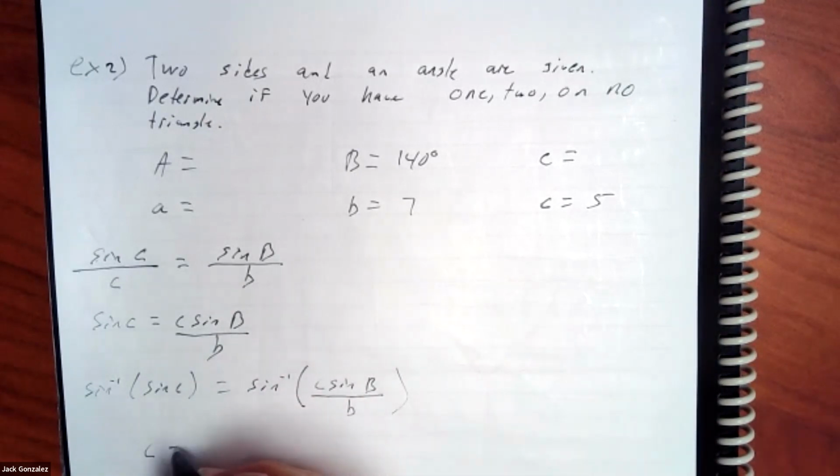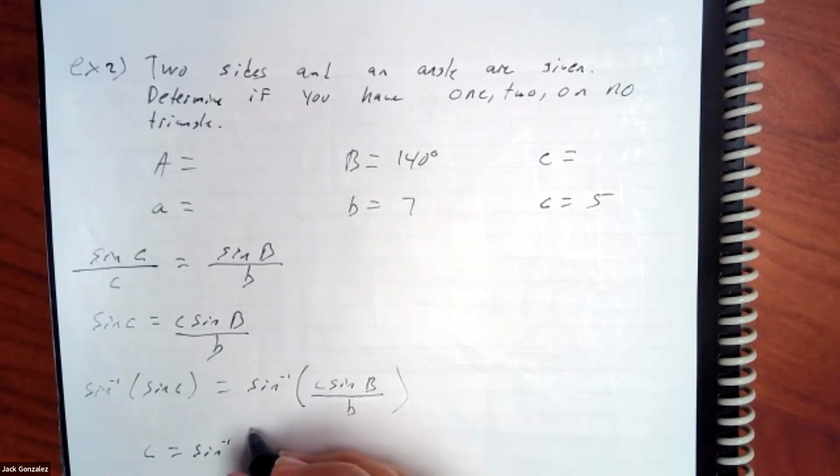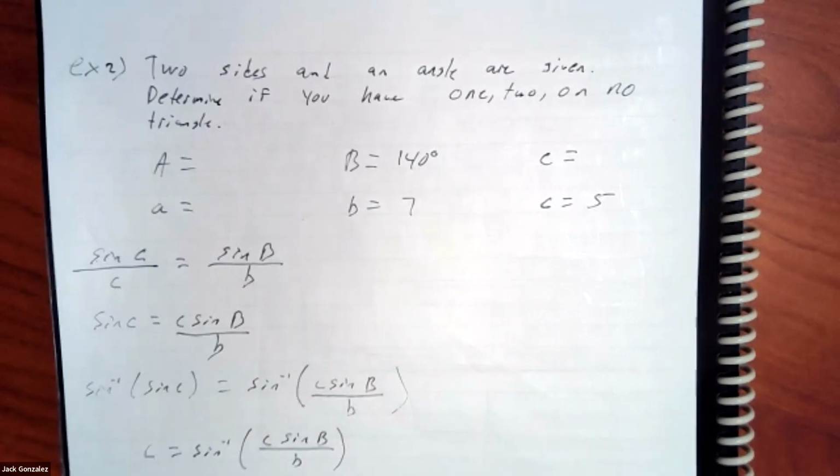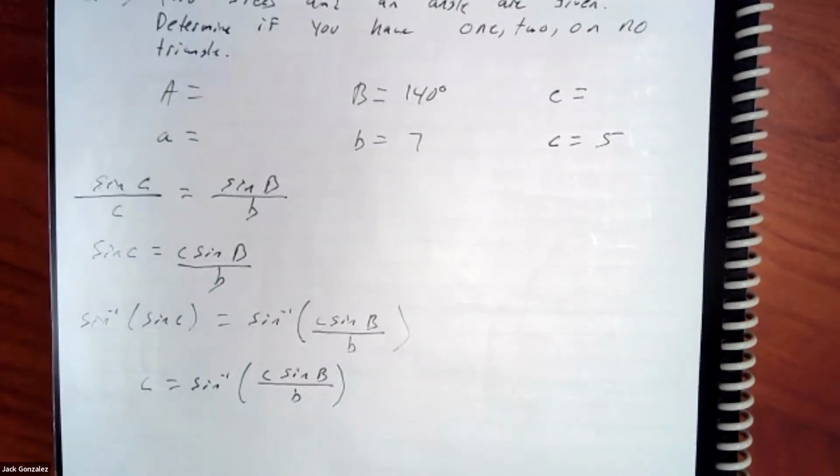So now I have C equal to sine inverse of c sine B over little b. So there's the solution. Just plug everything in and you're good.